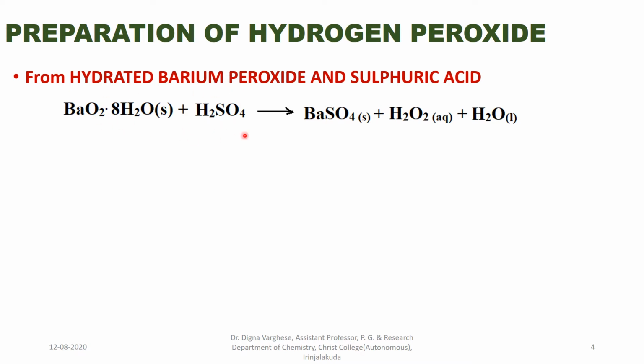They react with each other to form barium sulfate, which is insoluble, and 5% hydrogen peroxide is formed, and water is another byproduct. So barium sulfate is insoluble, so the 5% hydrogen peroxide solution is obtained as filtrate.